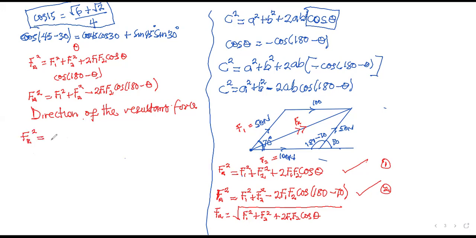So F1 is 50, so 50 squared plus 100 squared plus 2 times 50 times 100 times cos of 70 degrees.